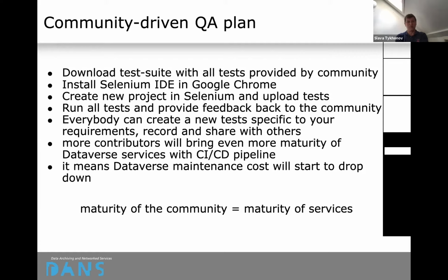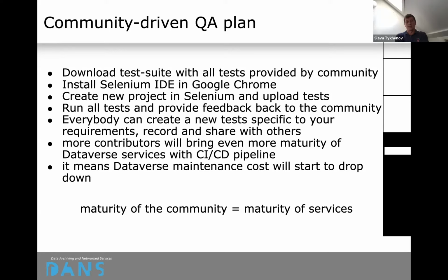So more contributors will bring even more maturity to Dataverse services, and if we manage to deploy, and we already have some prototypes that allow deploying everything with a continuous integration deployment pipeline, we can guarantee that all Dataverses deployed in this way can be operating as we expect, without bugs and in the same way.